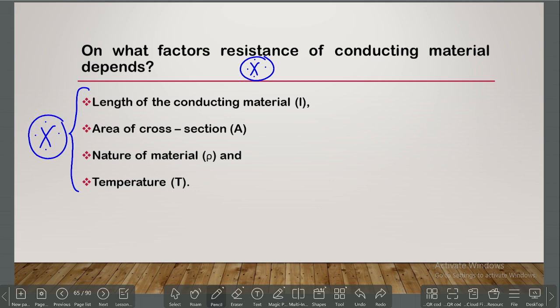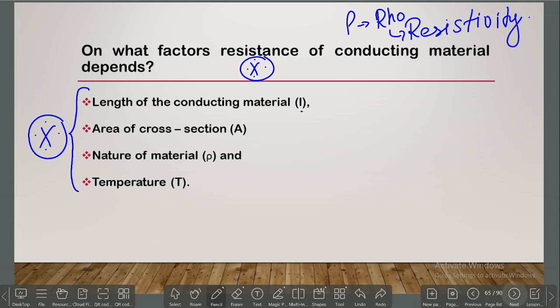What are the four factors again? Length of the conducting material, area of cross section, nature of material and temperature. Length is represented by the symbol L, area A, nature of the material is represented by the symbol rho, which stands for resistivity, and temperature is represented by the symbol T.